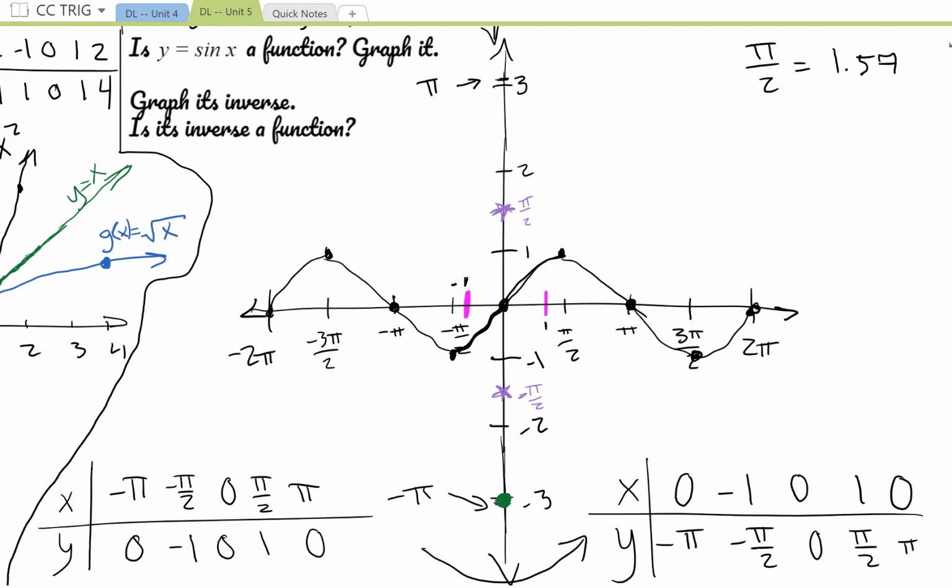I also just wrote in the pi halves and the negative pi halves so that we could see where that was. 0 gives me 0. 1 gives me positive pi halves. And 0 gives me pi.